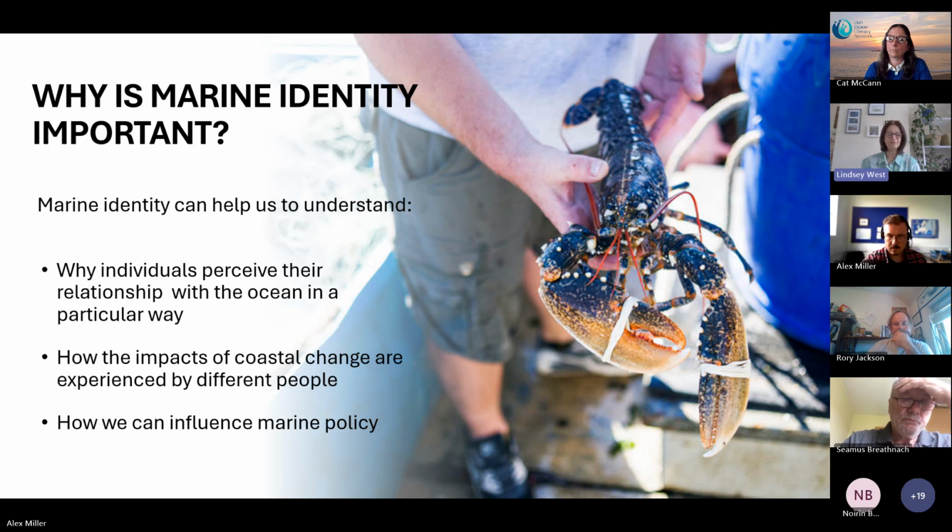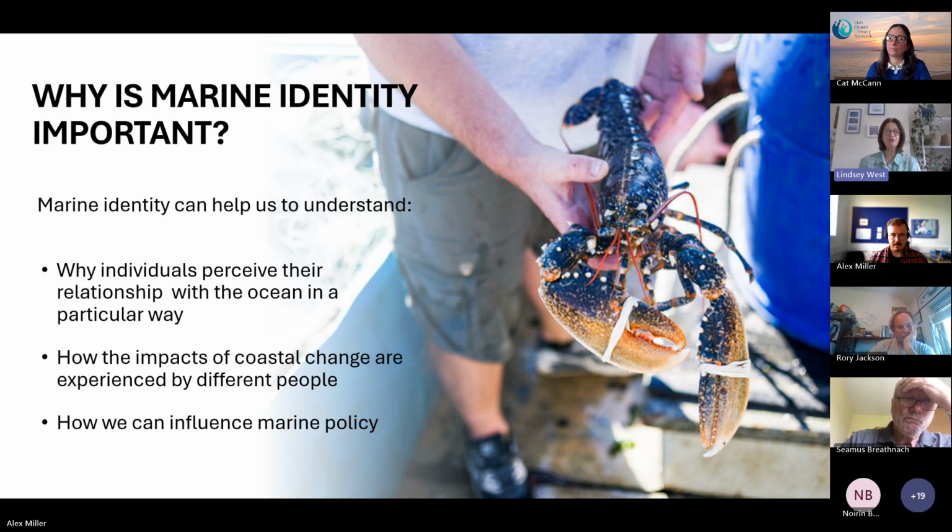Also, by understanding marine identity, we can really start to understand the roots of conflicts over marine developments. I mentioned before offshore wind development and the fact that it can disrupt place-based relationships. And also, there might be some members of a community that are willing and embracing offshore wind developments because they see an opportunity for local jobs and socioeconomic development.